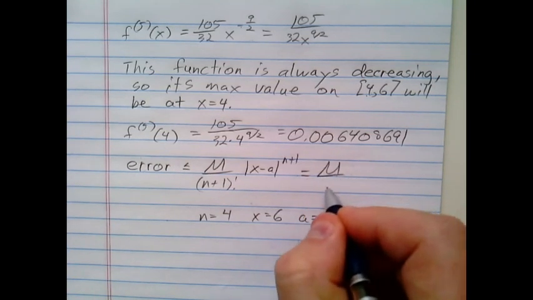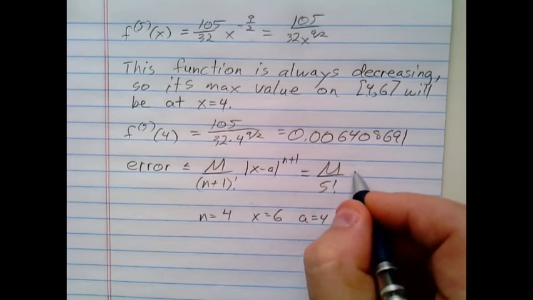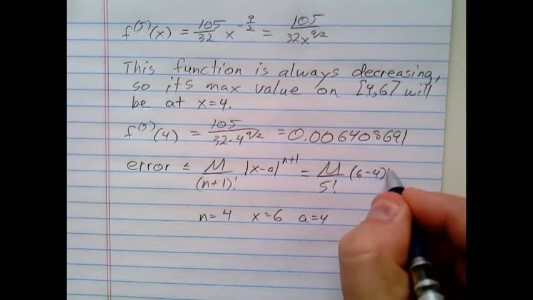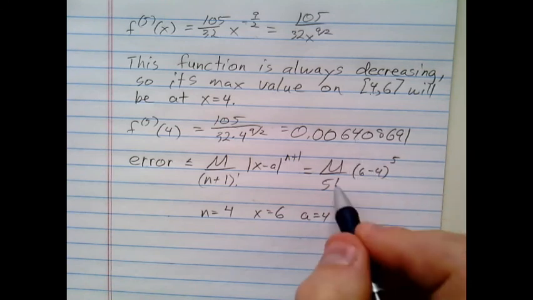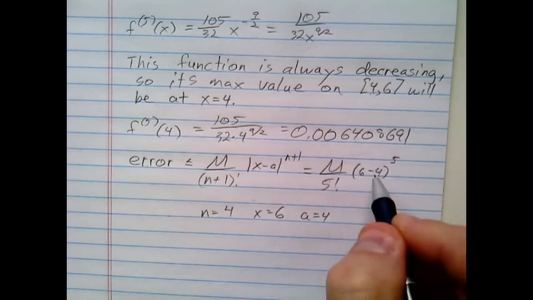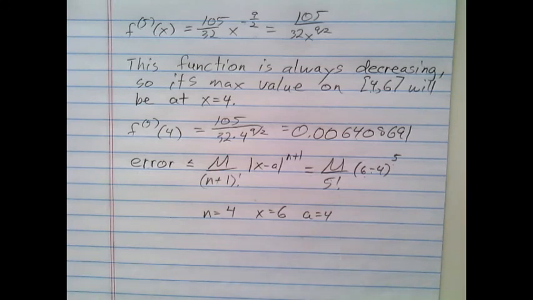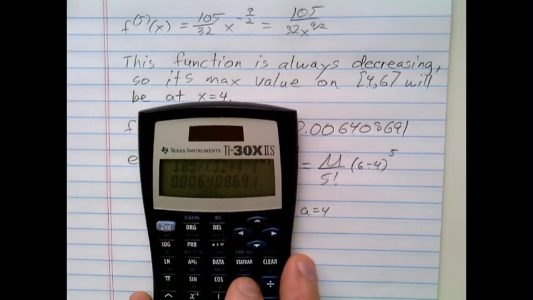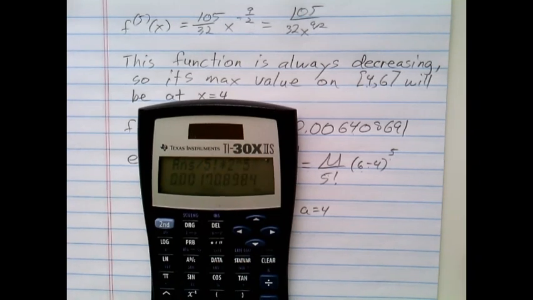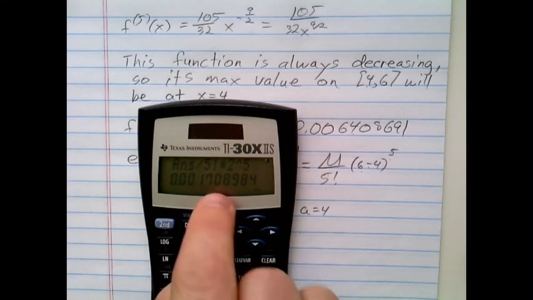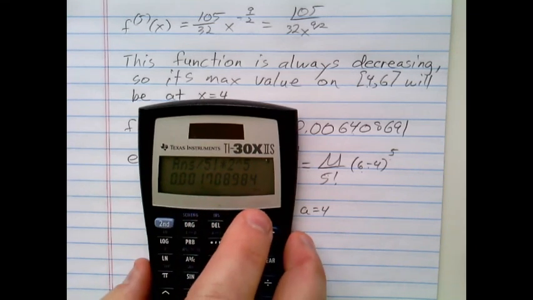So that means we've got to do M over 5 factorial times 6 minus 4 to the 5. So I've got to take that number, divide it by 5 factorial, and multiply it by 2 to the 5. Fortunately, I still have that number in there. So let's divide by 5 factorial, but also multiply by 2 to the 5, and that gives me 0.001708.